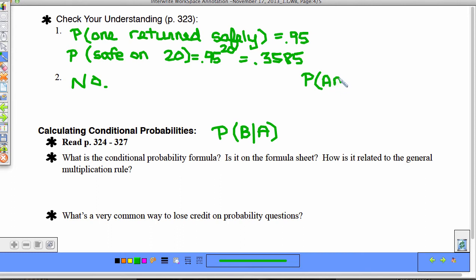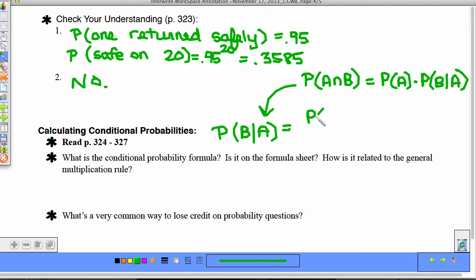If the probability of A and B is the probability of A times the probability of B given A, then I can just solve this formula, this general multiplication rule that is on the formula sheet, for the probability of B given A, which tells me it would be the probability of A and B divided by the probability of A. So the probability that they both occur divided by the probability of the given.